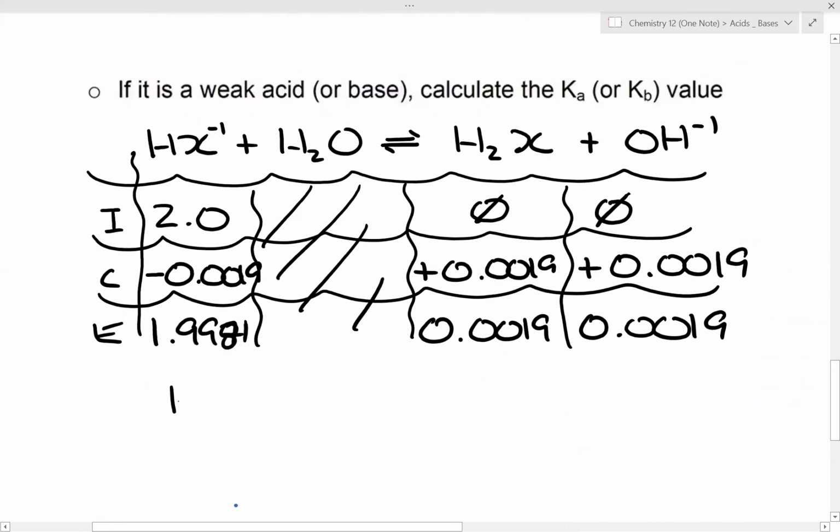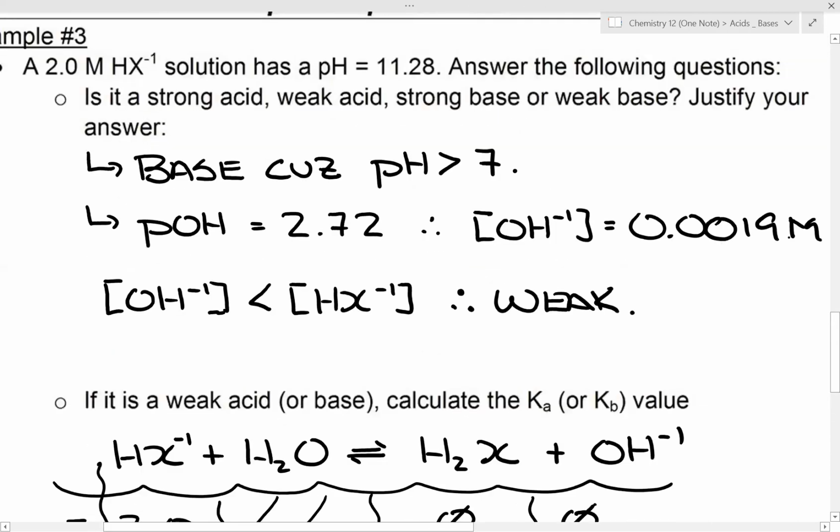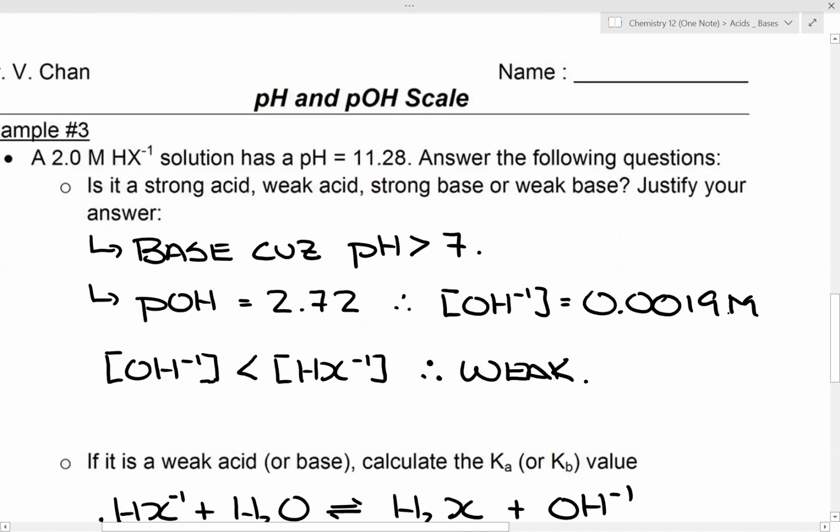Now we solve for Kb, and hopefully you are able to solve it on your own. But the key difference here is you need to recognize that, since it is a base because the pH is greater than 7, you need to find the OH⁻ because that is the dominant ion in the base solution.